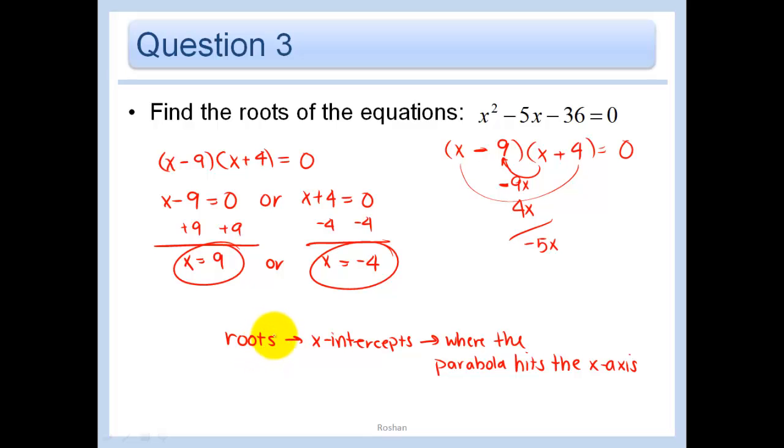And so in this one, for example, I know this is opening up, and I know that it hits at 1, 2, 3, 4, 5, 6, 7, 8, 9, and at 1, 2, 3, 4. I know it hits there. I know it's opening up. I bet you some of you could guess how I'm going to find the vertex from this, but I'll leave that for another lesson.